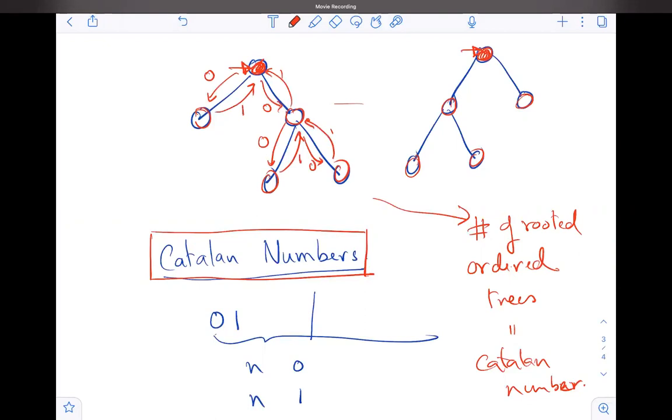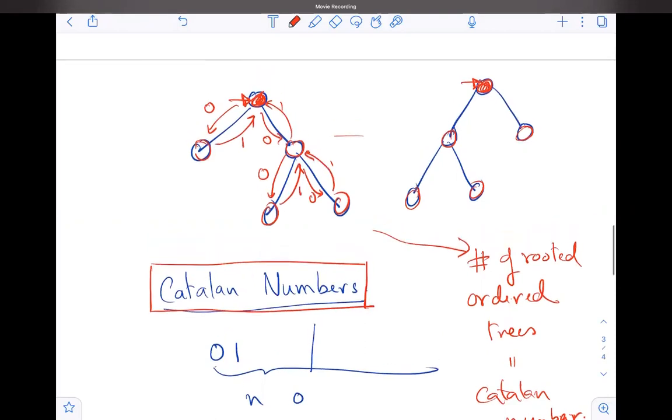So this tree can be represented by the string 0, 1, 0, 0, 1, 0, 1, 1. Note that the total length of the string is 2 times n minus 1.